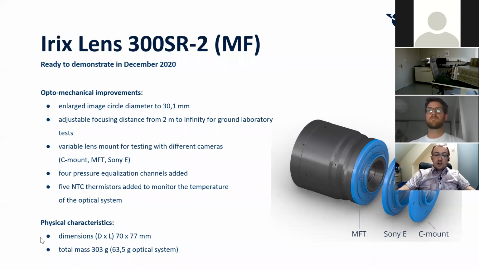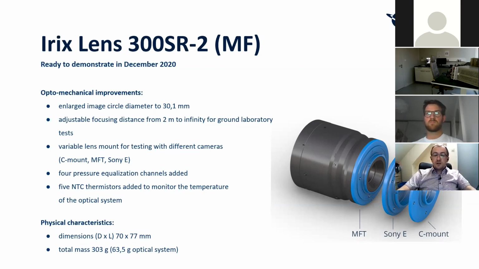I forgot to add that there is one more improvement to the SR2 version in comparison to the first IRIX 300 lens that still sits on board the Światowid satellite. We also added a fourth ventilation channel that should allow the lens to equalize the internal pressure.